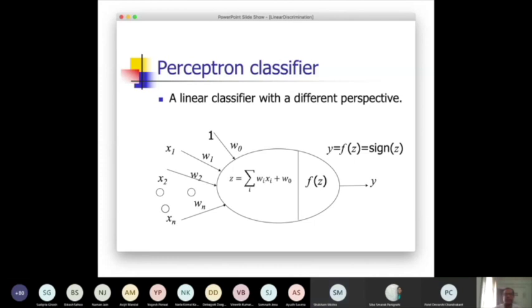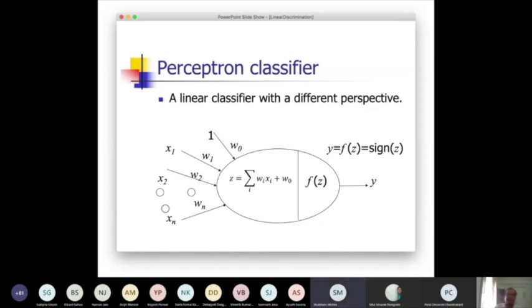Now another way you can look at this classification, it is the same formulation, but here we can represent these computations like a neural node, which we will be discussing later when we discuss artificial neural network based models. In this model, you can see it's the same linear classifier represented in this form.